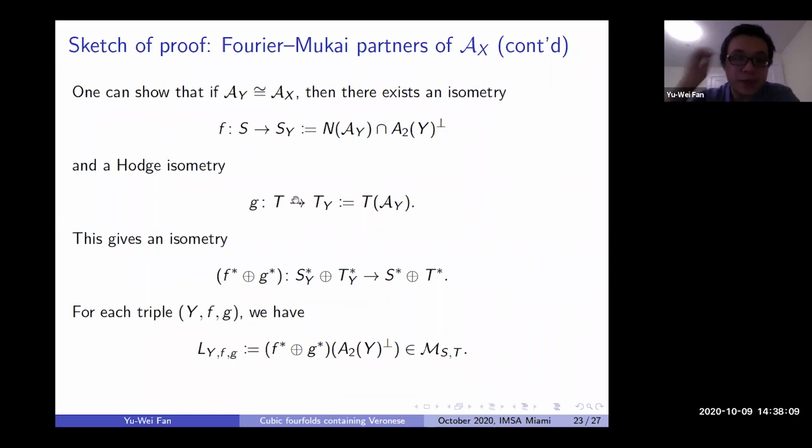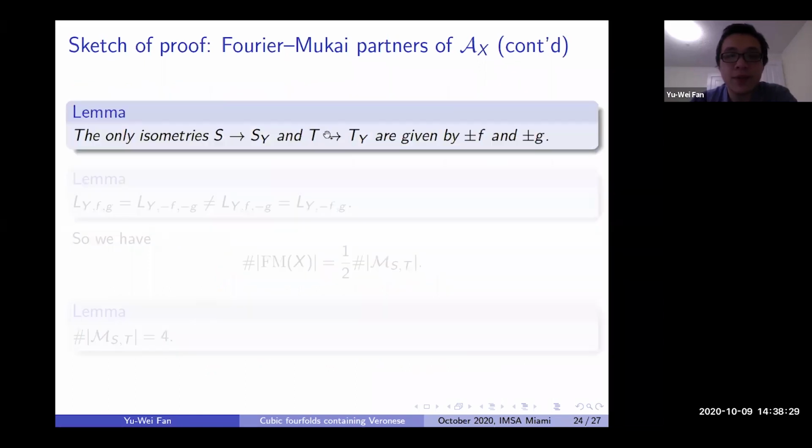This is a rank 1 lattice, so it's kind of clear, and this follows from the fact that the transcendental lattice only has plus or minus identity as isometries. So for any Fourier-Mukai partner cubic Y, there's only two possibilities for this isometry and two possibilities for this isometry.